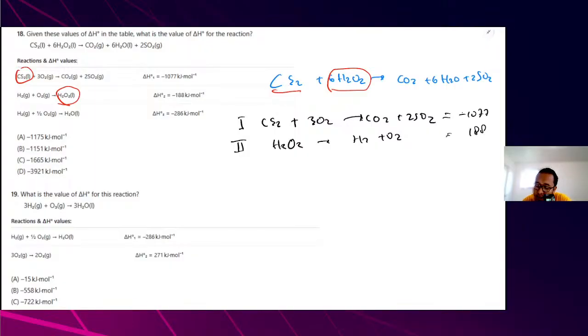Okay, and then it will be 108. So now let's take a look at the third reaction. Usually the third reaction, what can I say, we need to use it to cancel out.